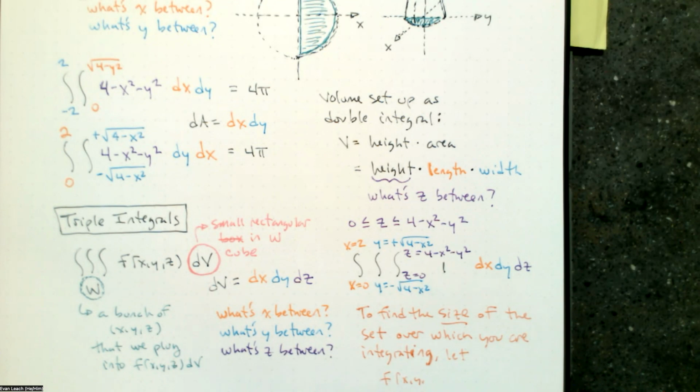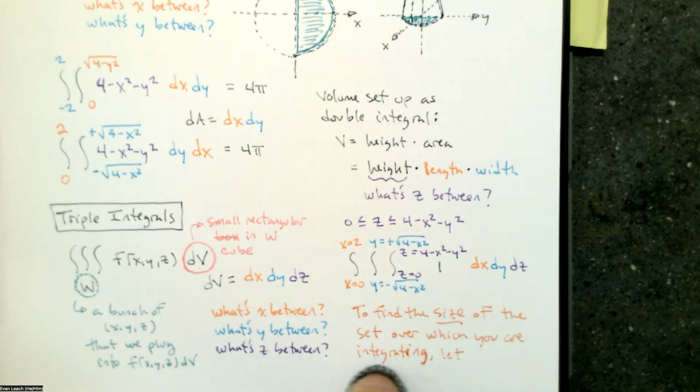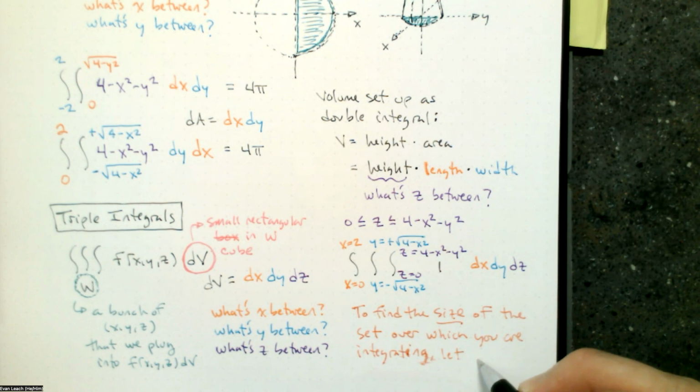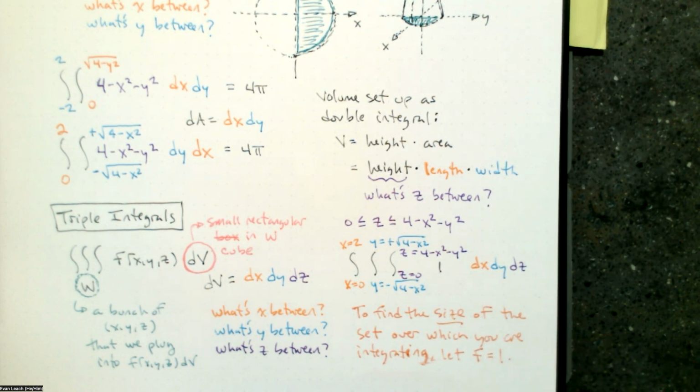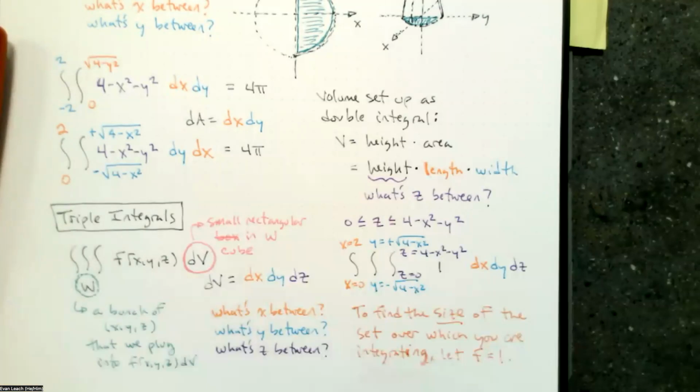Let's make this even more generic. Just let the function of x, the function of x and y, or the function of x, y, and z, like we have in this case, just let the function be 1, with no units. To find the size of the set over which you are integrating, integrate the unitless function 1.